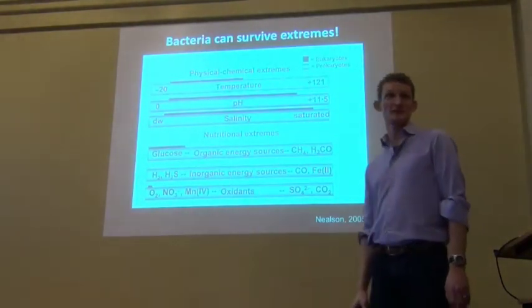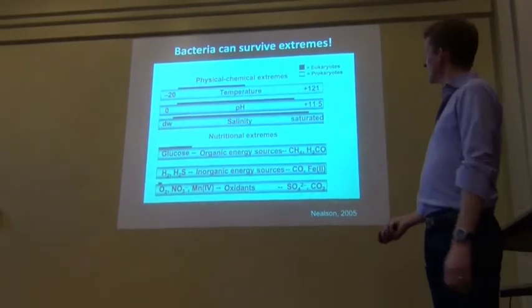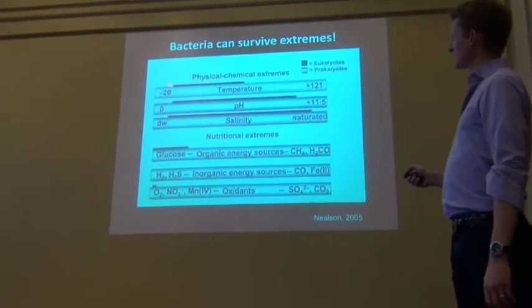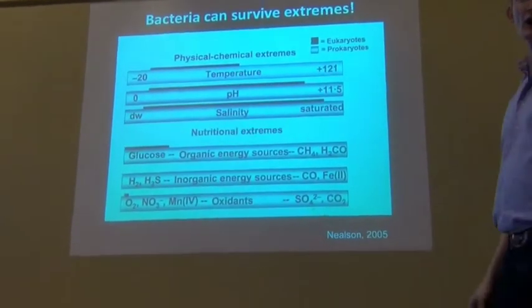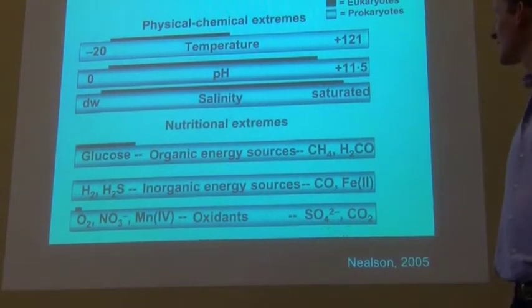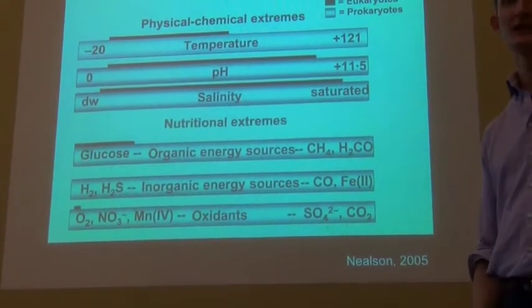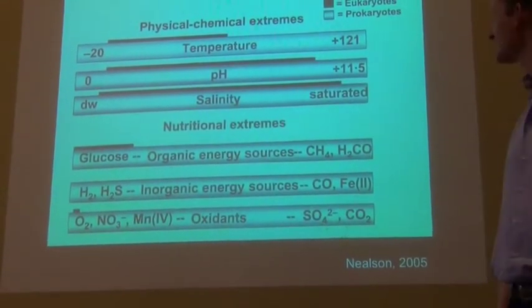And they can survive in the most outrageous environments. They can live at temperatures between -20 and 121 degrees Celsius. They can live across a complete range of pHs, so in boiling hot acid you can get bacteria living.